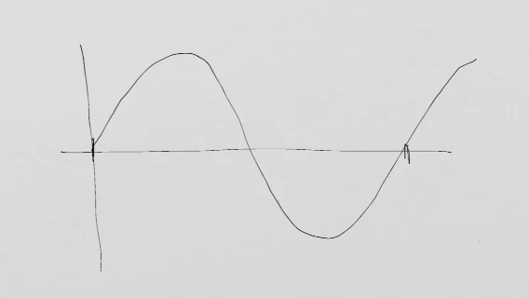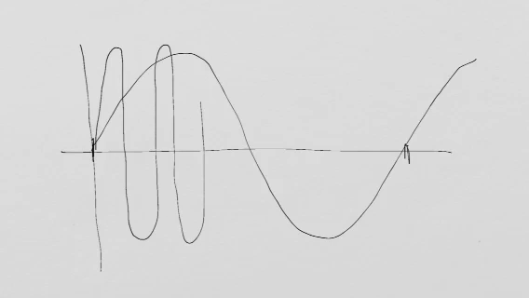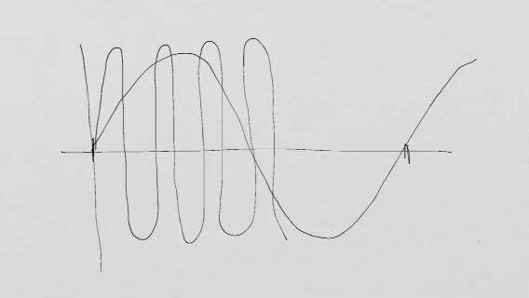Okay? So a high-pitched sound, we're going to try and go through the same wavelength here, but a high-pitched sound will actually have the same height, but it'll actually be much shorter. Okay, so this is a high-pitched sound.